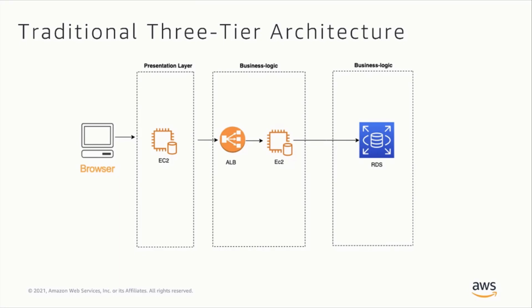I'm presenting on the screen a sample reference architecture for 3-tier architecture, where, on the left-hand side, a user is trying to access a retail website, in this example from their desktop. The call usually lands in the presentation layer, where your code base still lives in some kind of EC2 machine. Following that, the request lands on the business layer, where your entire code base is again deployed, mostly on a single EC2 machine, or it could be multiple EC2 machines, where the call goes through a load balancer for high scalability.